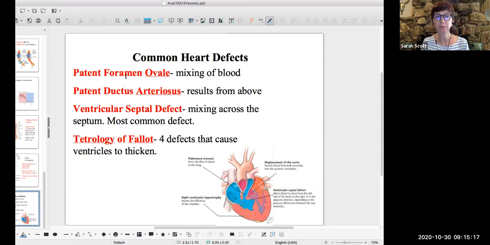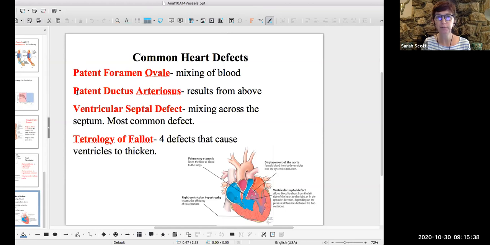So patent foramen ovale, that is when the foramen ovale doesn't close. That causes the baby to get less oxygen to the cells, and you will see it as things like blue lips, also failure to thrive, low energy.